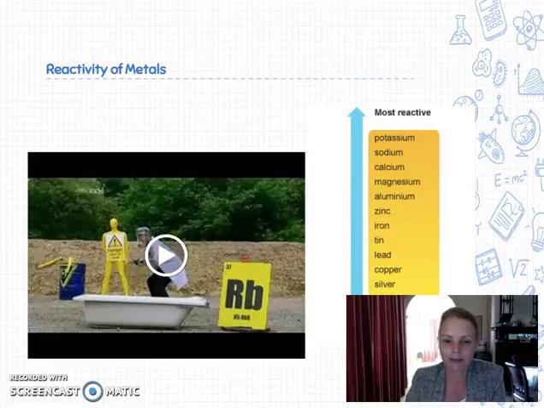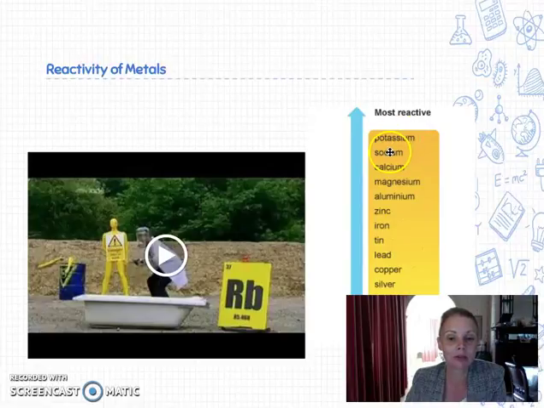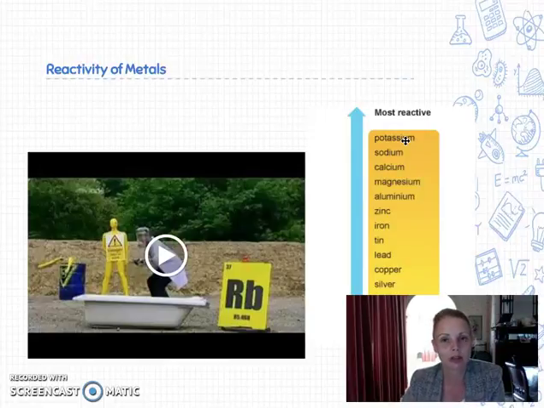So looking here, the least reactive metals are things like platinum, gold, silver, copper, things that we find as elements in the ground. Whereas things like potassium, sodium, calcium, magnesium, even aluminium, they're found as oxides in the ground, and we need to refine them in order to get the pure metal extracted from the oxygen.